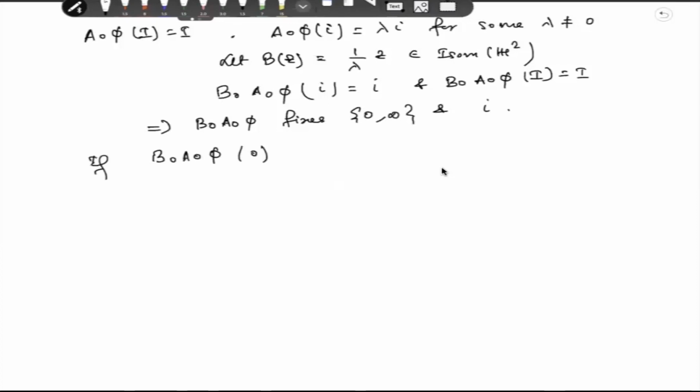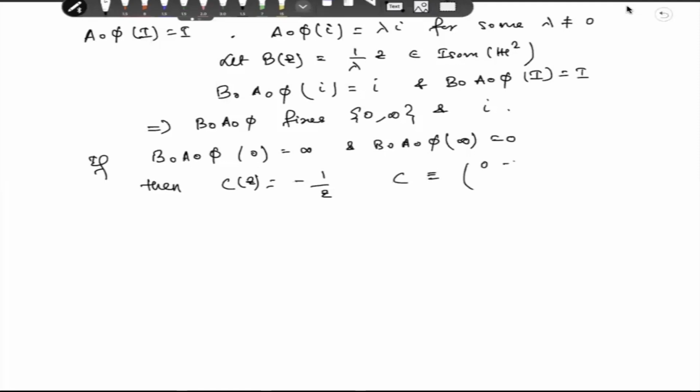If this is the case, then let us take C of z to be equal to minus 1 by z. Note that corresponding to this C we have the matrix 0, minus 1, 1, 0.